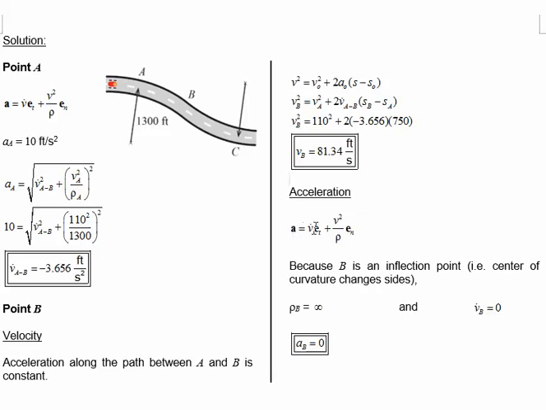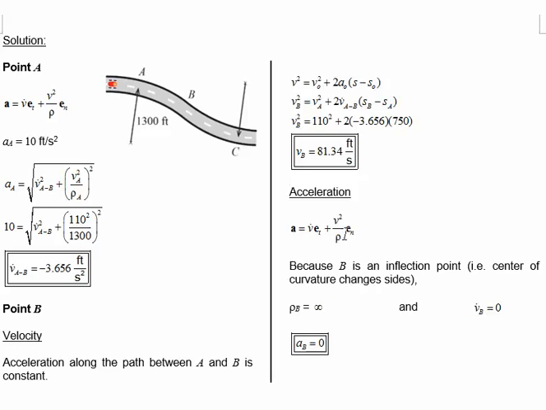Again, we write down the tangential and normal acceleration equation. The special thing about point B is that it's an inflection point. That means the center of the radius of curvature changes from this side to that side, and it does it at point B. So the radius of curvature at point B is infinite. It's a straight line, really, well, a point. So that means this term goes to 0.